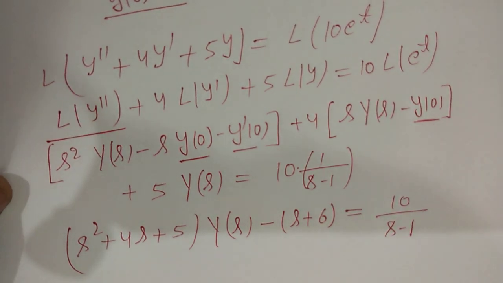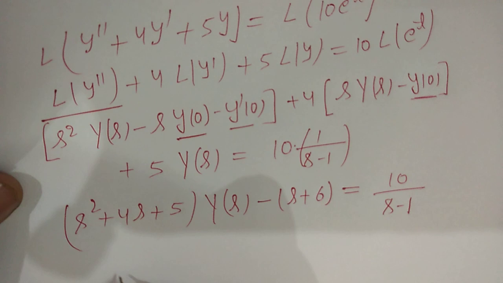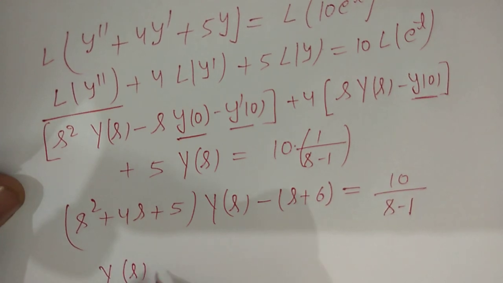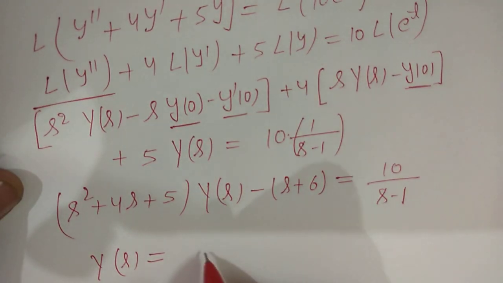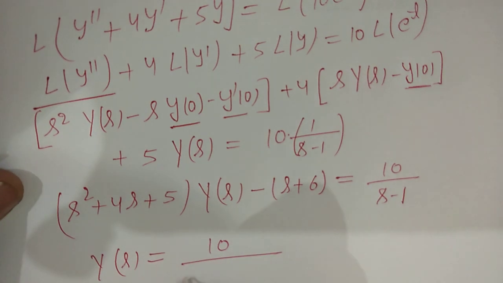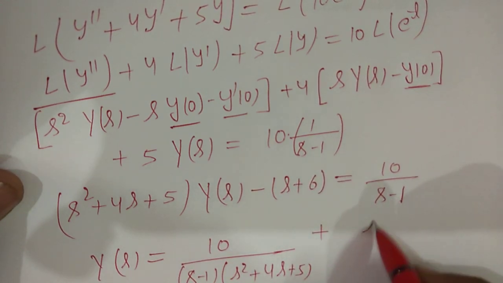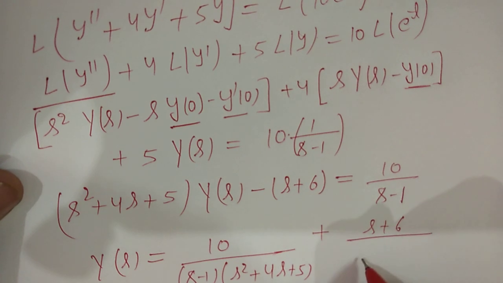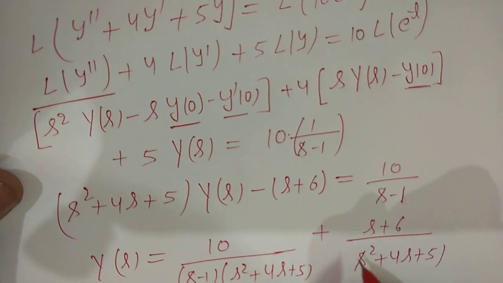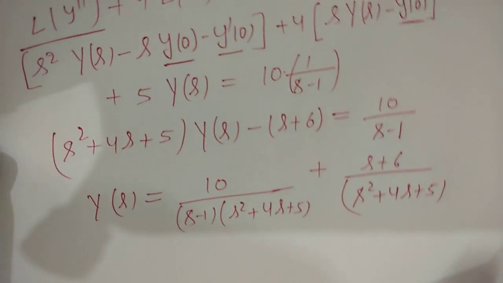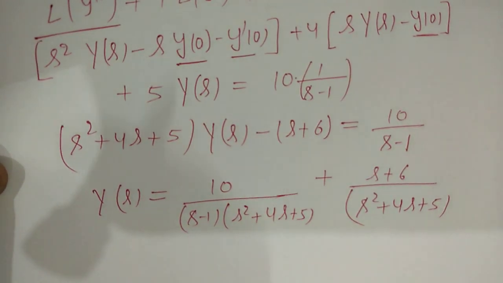If you simplify, we get Y(s) equals 10 upon (s minus 1)(s squared plus 4s plus 5) plus (s plus 6) by (s squared plus 4s plus 5). So this is your Y(s).